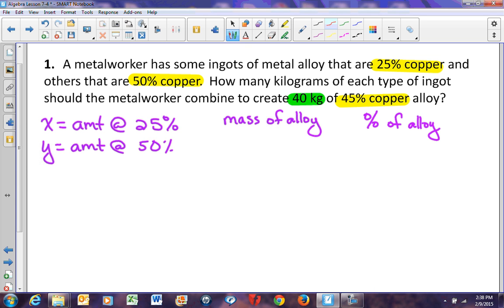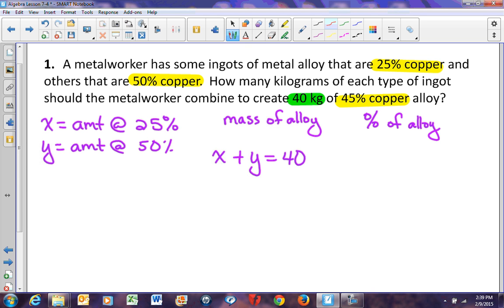So, mass of alloy. I do not know how much I have at 25%, nor do I know how much I have at 50%. But I know I need 40 kilograms. So the amount at 25% plus the amount at 50% has to equal 40. Since I don't know what that amount is, x plus y equals 40.